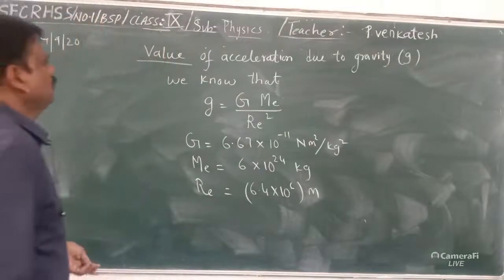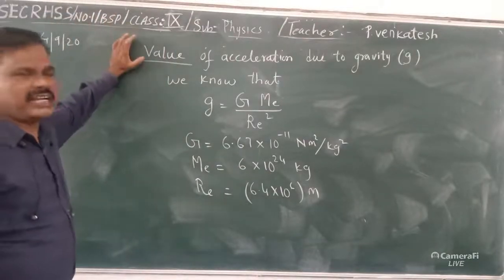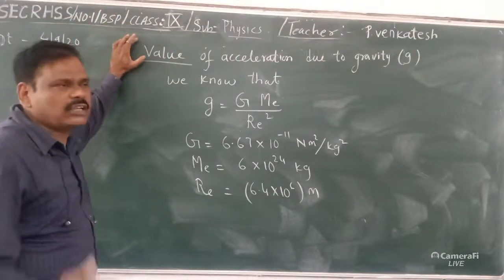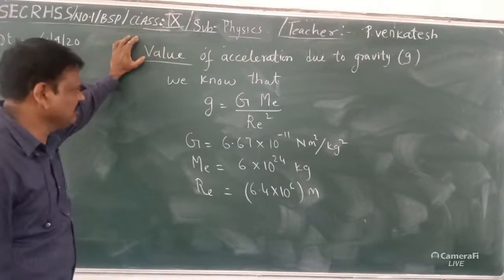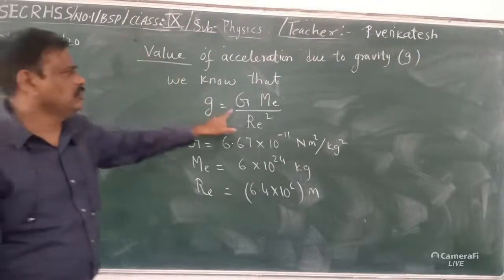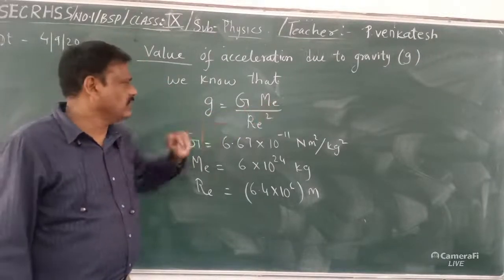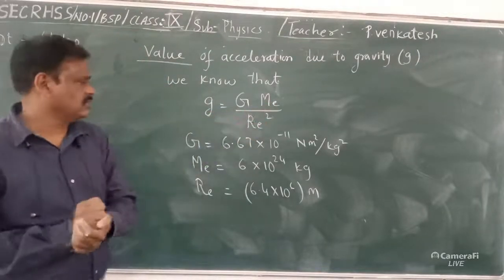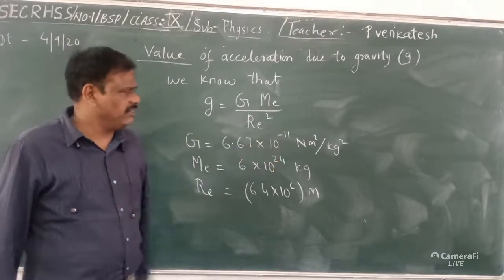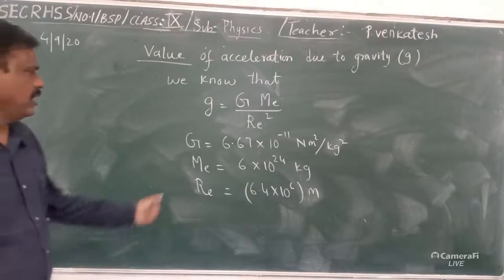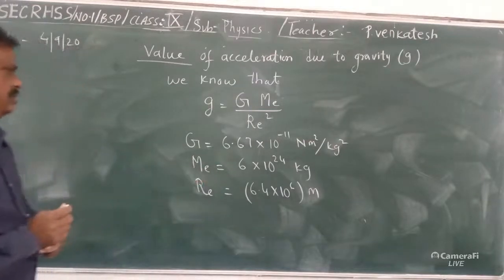Got it? Now, how to find the value of the acceleration due to gravity? How we get 9.8 meter per second square? We know that g equal to G M, M is mass of the earth, upon R, R is radius of the earth, square. G is 6.67 into 10 to the power of minus 11 Newton meter square per kg square. M is the mass of the earth.